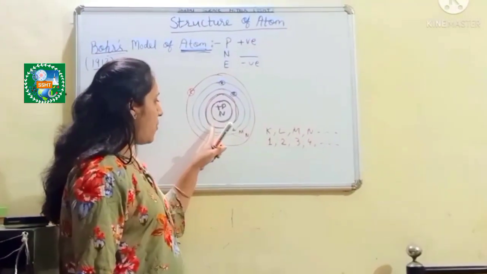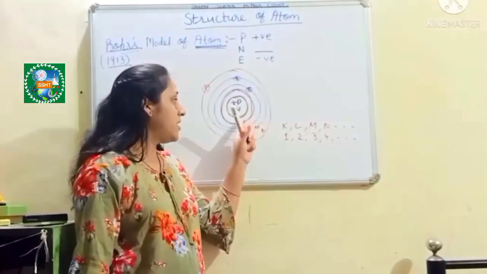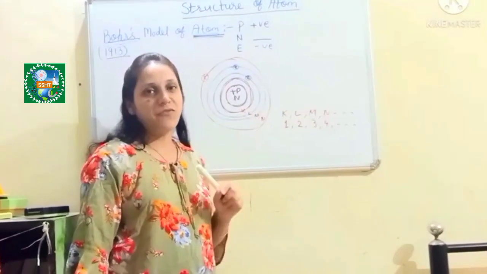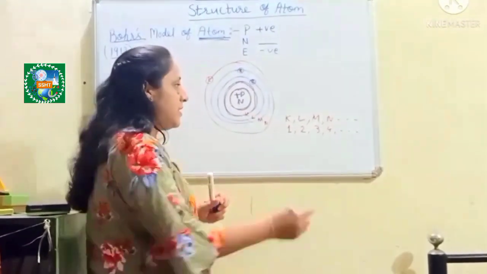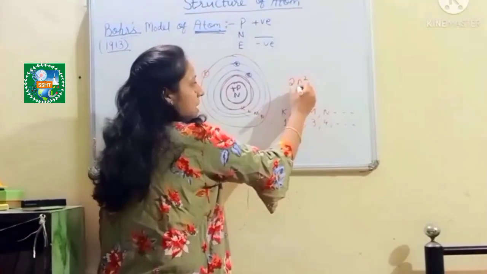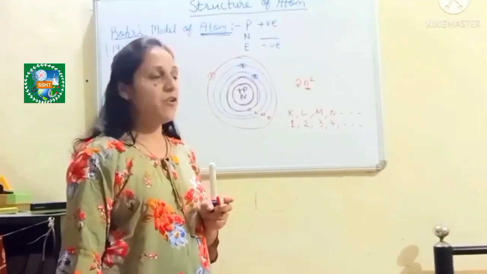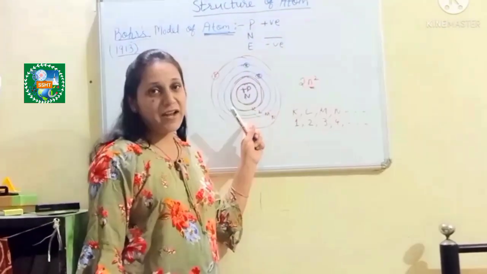Now, each orbit consists of electrons. Then how are we going to decide how many electrons are present in each shell? It is given by the simple formula 2n², where n is the number of that shell, or the number of that particular energy level.